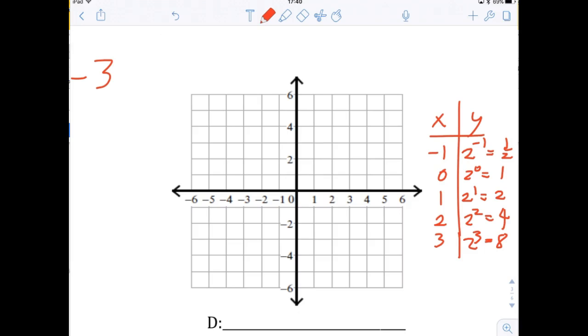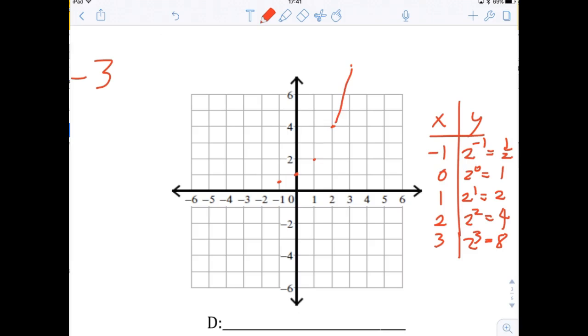So I'm going to now graph each of the points for the parent function. So it's going to be negative 1, comma 1/2. 0, comma 1, 1, comma 2, and 2, comma 4, and 3, comma 8 is off the screen.